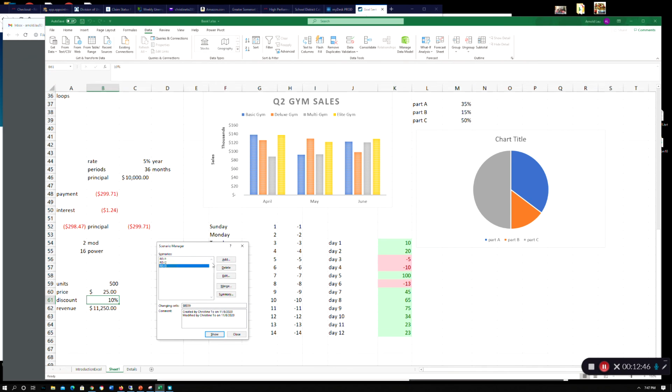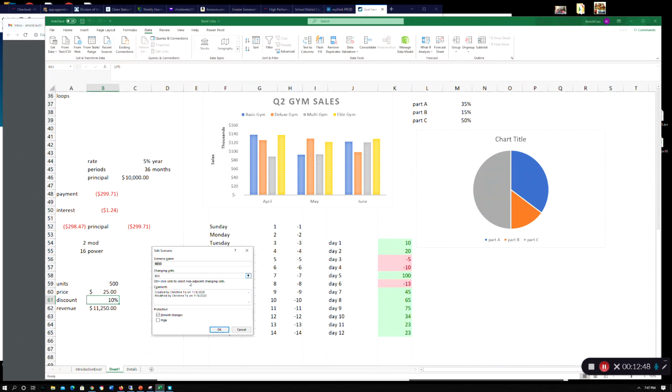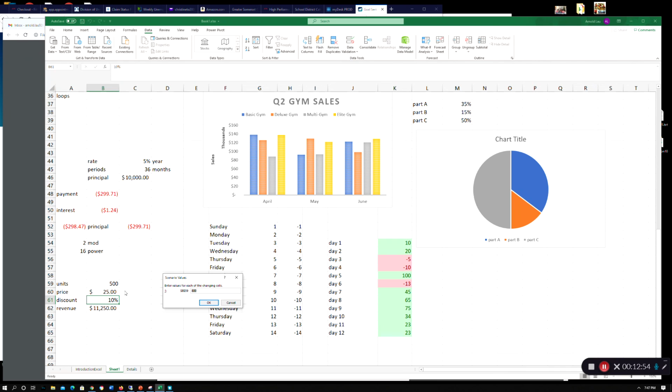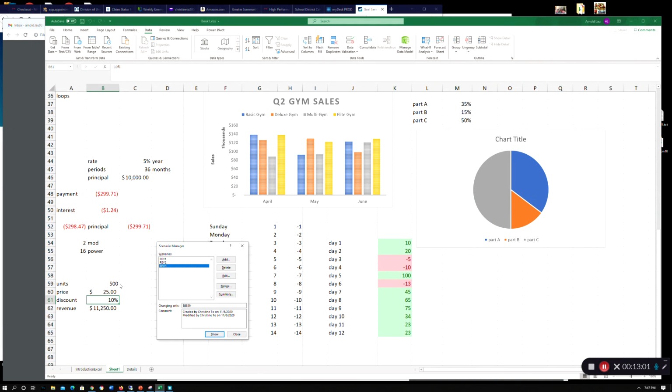And for this one, I change it to 800. So basically, I step in terms of units: 600, 700, 800. So those are my scenarios, right? You can see over here, I've got 500 here.